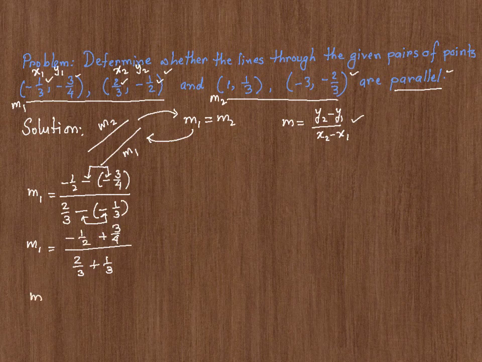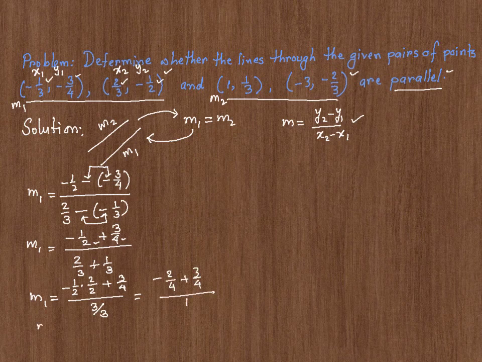So if I continue, I get the following. m1 is equal to, in the denominator it's 3/3. On the numerator, we kind of have to manipulate things. These denominators are not the same, 2 and 4, so I'm going to make the denominator the same by multiplying negative 1/2 by 2 and dividing it by 2, and then I have 3/4, which by the way is equal to negative 2/4 plus 3/4 divided by 3/3, which is just 1.